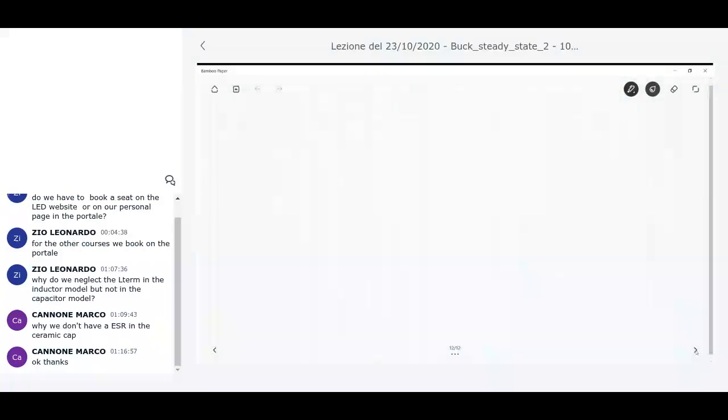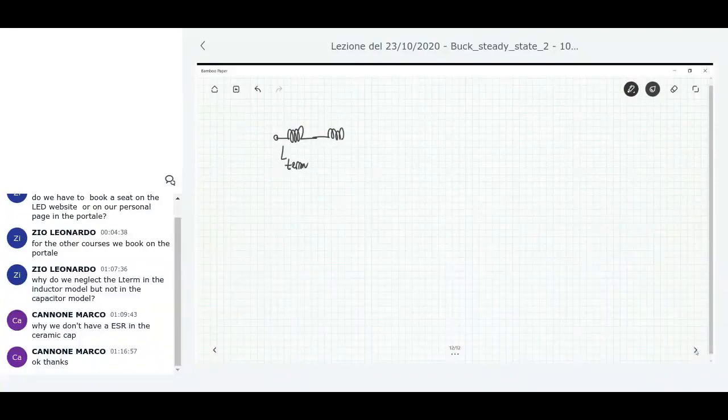Let me redraw it here. It is composed of this parasitic inductance, which is given by the terminals, then the nominal inductance, then the parasitic equivalent series resistance, and then I can also have a capacitance here.